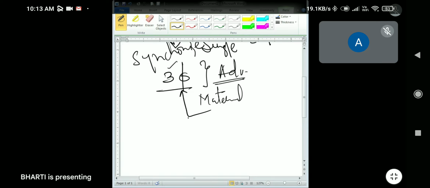Secondly, the efficiency: when they need to work in synchronization, their efficiencies matter. And if it is a single three-phase system, the efficiency would be much better as compared to three single-phase systems. This is one more thing.